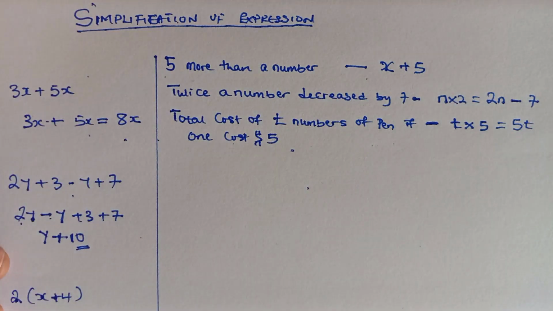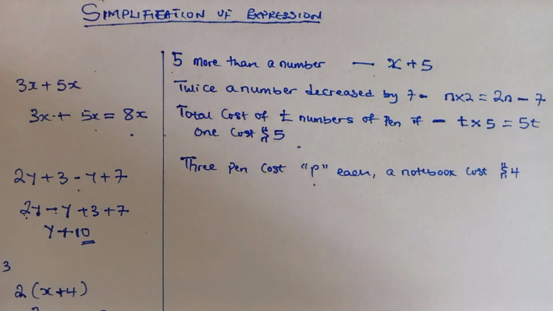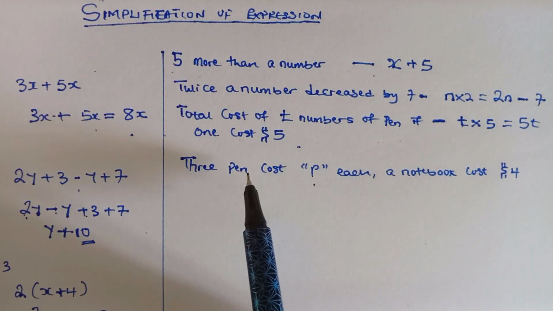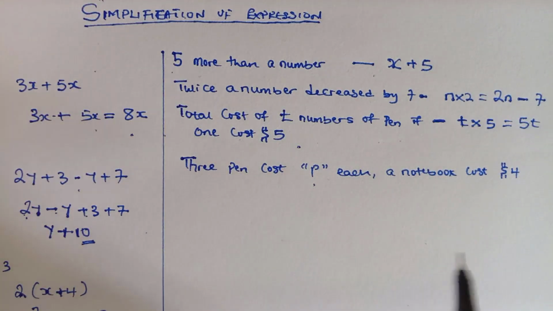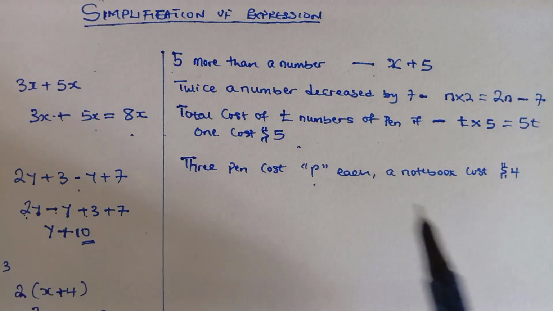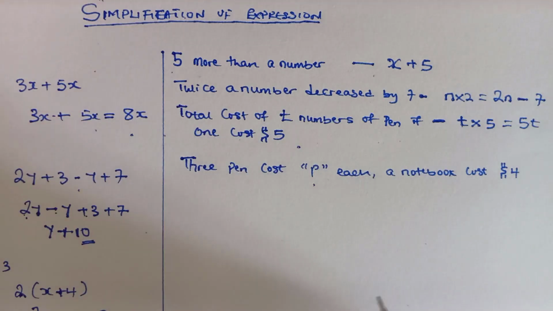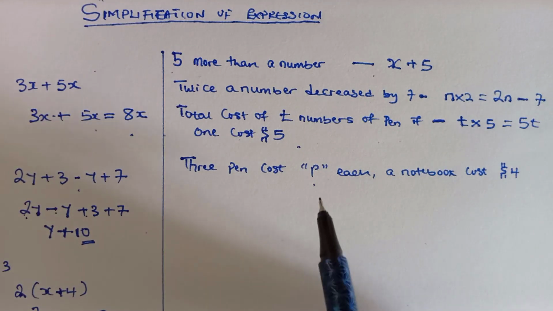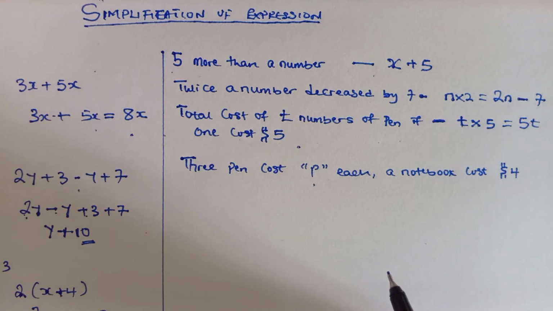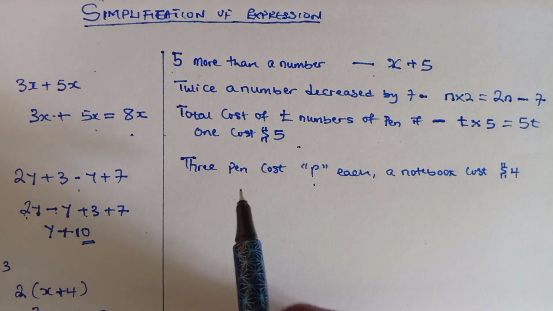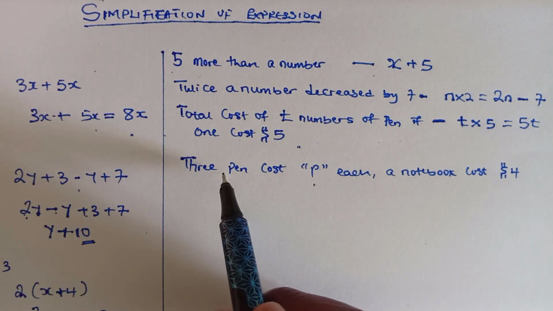The variable. So assuming 3 pen cost p each, we don't know the price, the cost of the pen each, and a notebook costs $4. So if you want to buy a pen and a notebook, the cost of buying the pen and the notebook is 3 pen here, right?